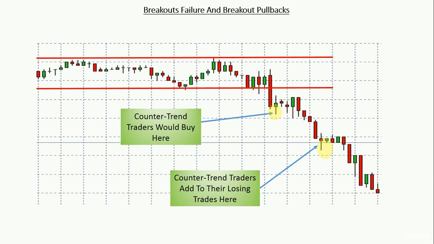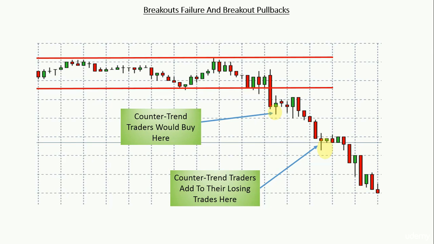So it is a lose-lose situation for them. They either get out with a tiny profit if they are right about the breakout failure, or they will have heavy losses, or at best break even if they are wrong.